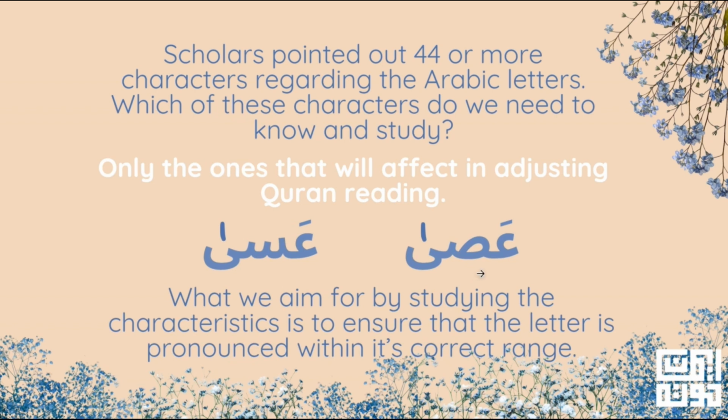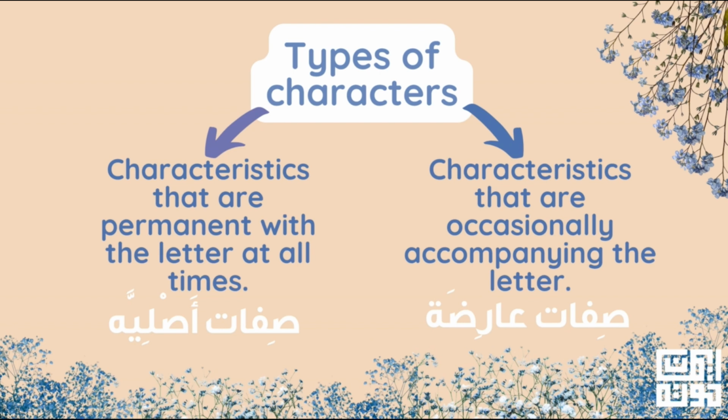So the meaning is different. Asa has a meaning and asa has a totally different meaning. Okay? So what we aim for by studying the characteristics is to ensure that the letter is pronounced within its correct range, so it does not change the meaning.